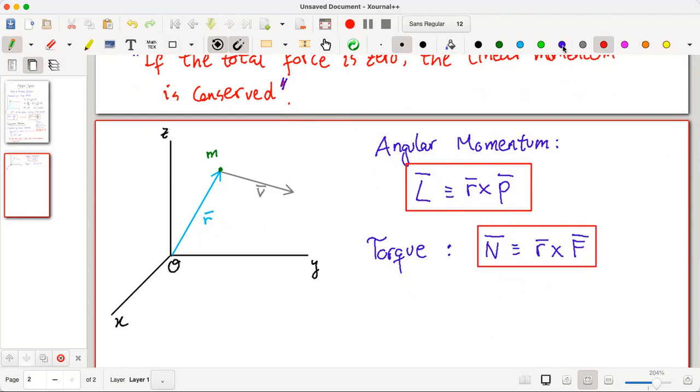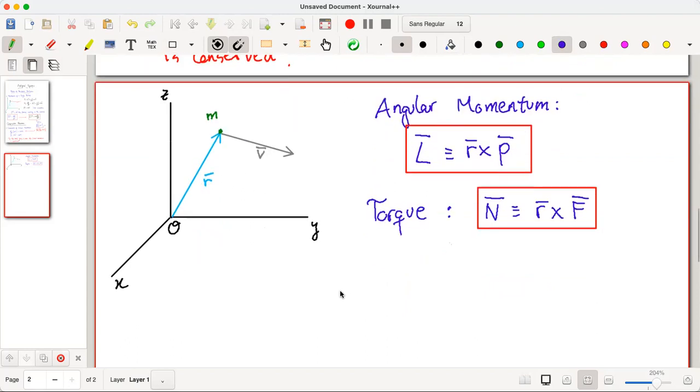From Newton's second law, force is just the first derivative of momentum with respect to time.